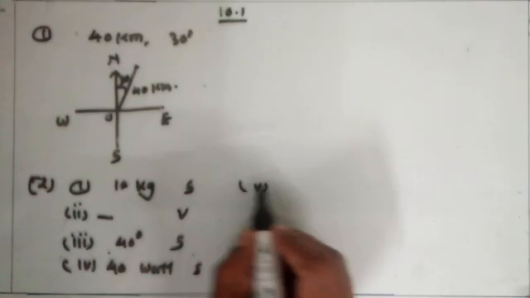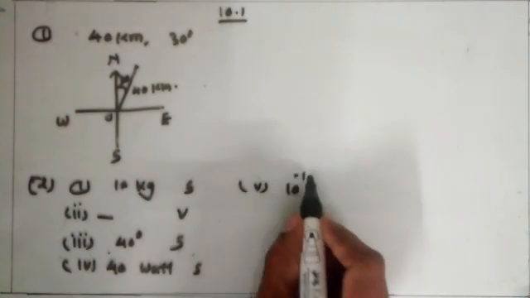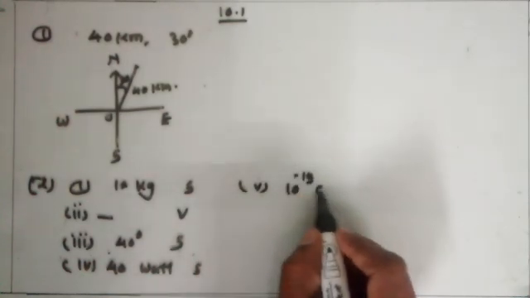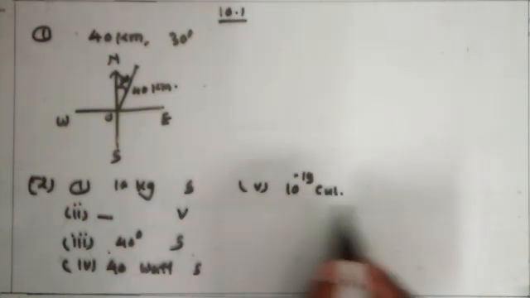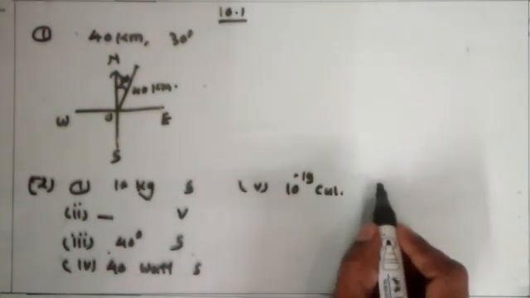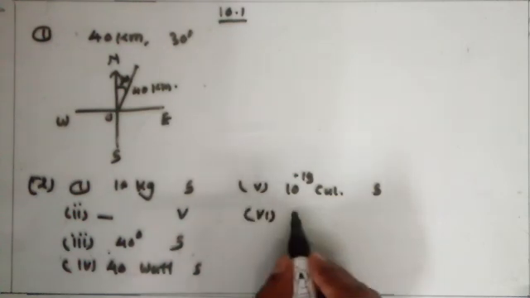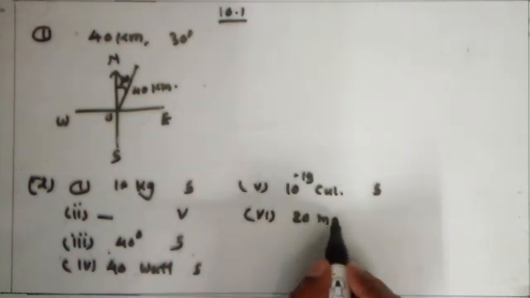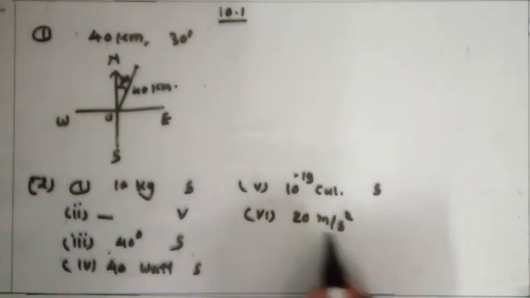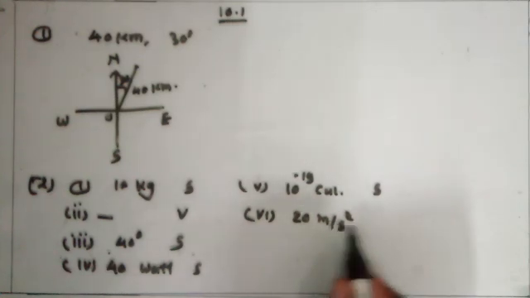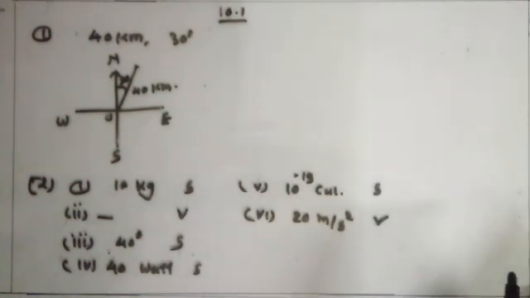Next, number 5, 10 raised to minus 19 coulomb, has only magnitude, so scalar. Number 6, 20 meter per second square. This is a vector.